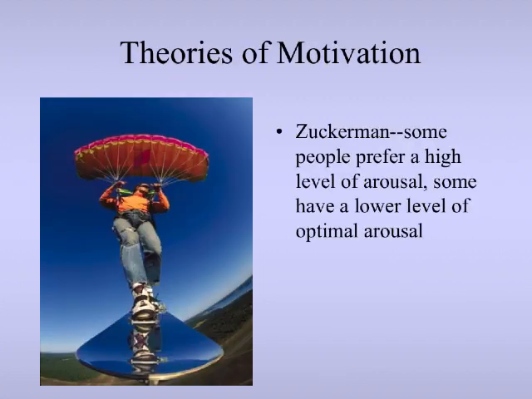And again, like I mentioned, arousal theory states that people are motivated to maintain their own optimal level of arousal. And some people's level of arousal can vary according to their physiological systems. This is the research of Zuckerman. Some people just simply prefer a high level of arousal, while some have lower levels of optimal arousal.